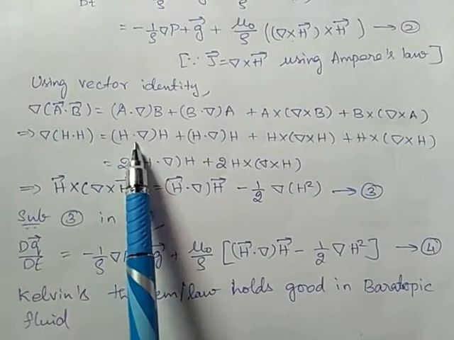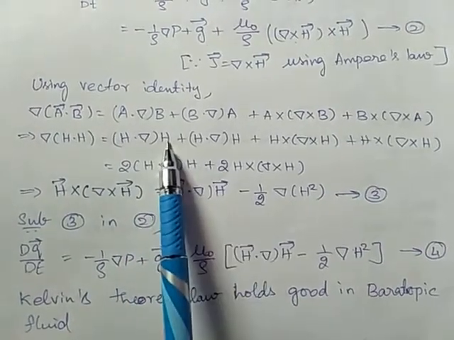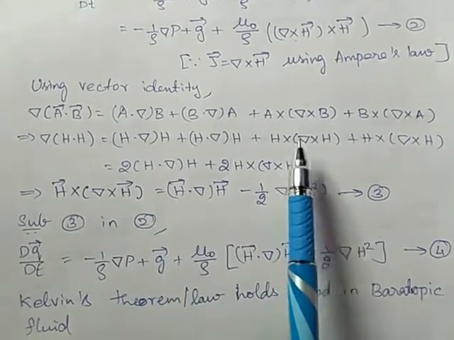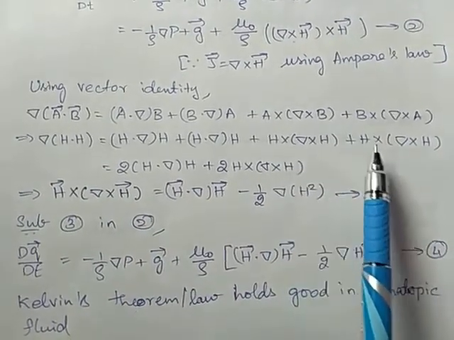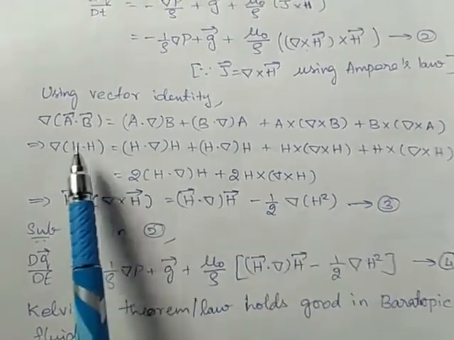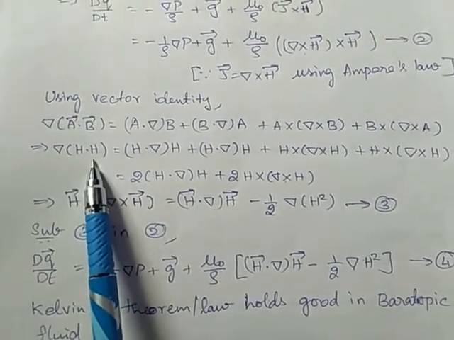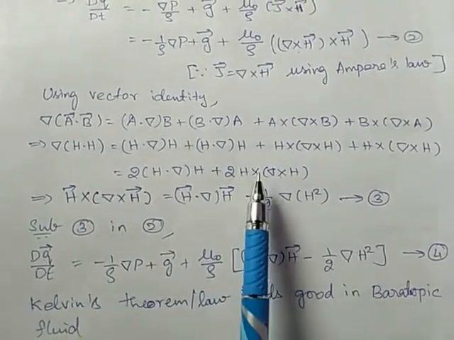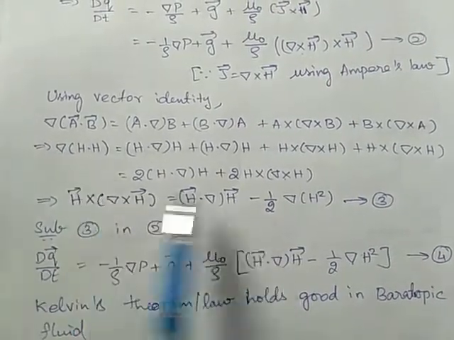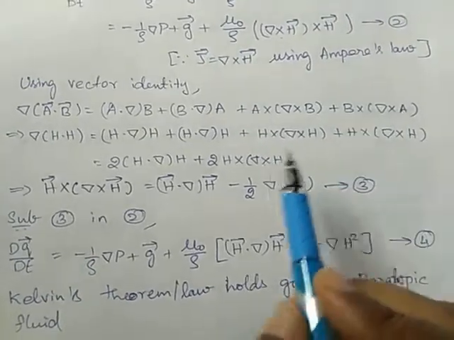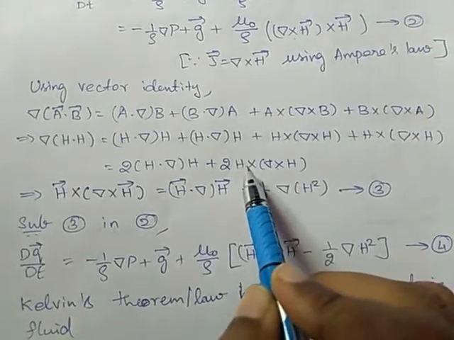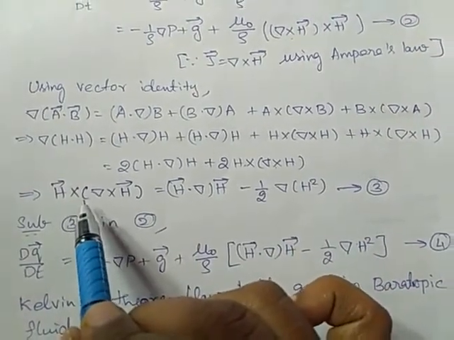Before that, H dot del H plus H dot del H is 2H dot del H, and H cross del cross H plus H cross del cross H is 2H cross del cross H, and the left side we can write as del of H squared. So H cross del cross H is this term minus this term; here, just interchanging del and H, it has become negative, therefore this remains positive.